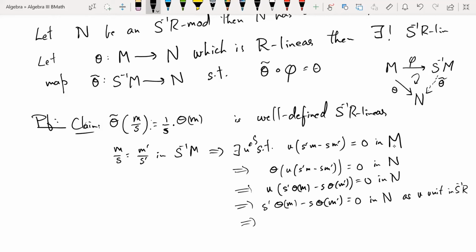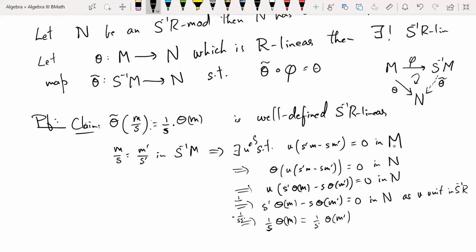Then you multiply by 1 over S times 1 over S prime. This implies that theta M times 1 over S is equal to 1 over S prime times theta of M prime.